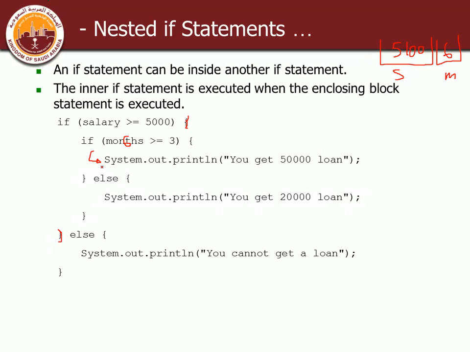But after I executed this line, should I also execute this line? No, because once I get inside one of them, I don't get inside of the rest. Now since I finished this one, I get out of this if. Should I get inside the else? No, because once I finish with this block, I just get out. I see if there's anything after the if. There's nothing after the if, so let's get out from that if again.